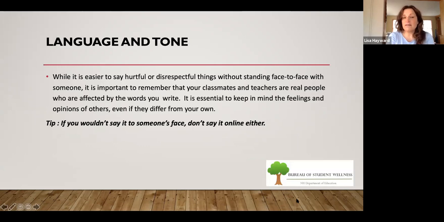You might want to say something like, while it's easier to say hurtful and disrespectful things without standing face to face with someone, it's important to remember that your classmates and teachers are real people who are affected by the words you write. It's essential to keep in mind the feelings and opinions of others, even if they differ from your own. Tip: if you wouldn't say it to someone's face, don't say it online either.